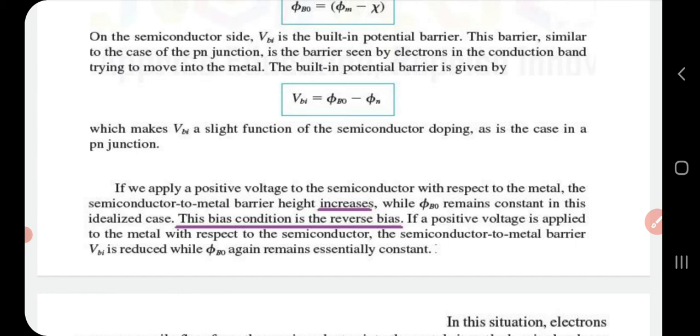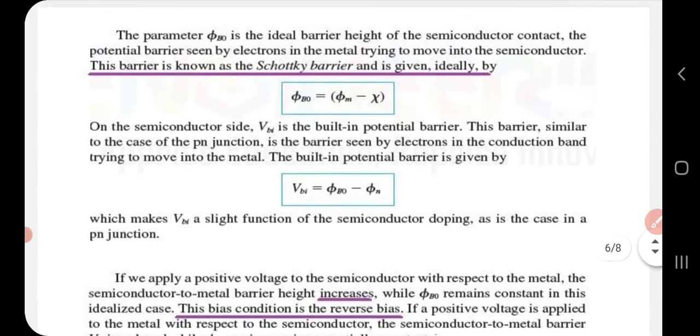Now what happens if a positive voltage is applied to the metal? In the first case we dealt with a positive voltage applied to the semiconductor. Now we are considering a positive voltage applied to the metal with respect to the semiconductor. Then the semiconductor to metal barrier, VBI, will get reduced, whereas phi B0 will remain constant.